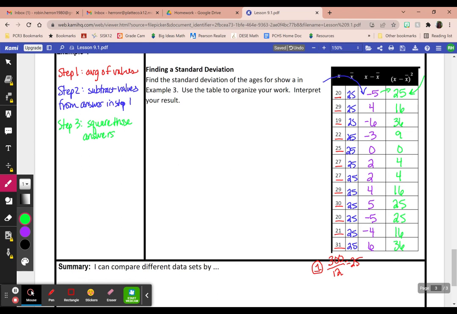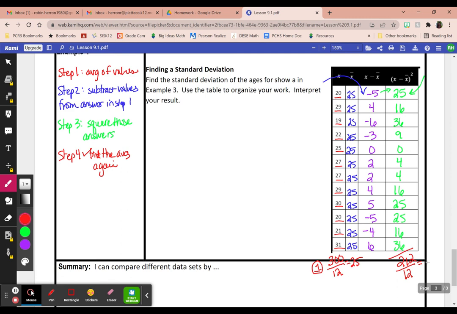Okay? Now, the next step is going to bring us back around to the first one, which is we're going to find the new average of those answers. Okay? So step 4, find the average again. Okay, so when I add all these up, the total now is 212. And I have to divide that by 12 again.